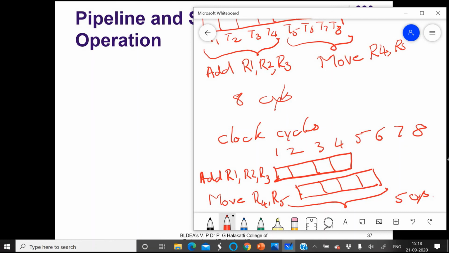So this shows that the performance rate is doubled. Thus, more instructions can be executed within a small time interval, hence throughput is increased. It is important to note that the individual instruction execution time is not changed, but the overall execution time is reduced through partial overlapping of the instructions.